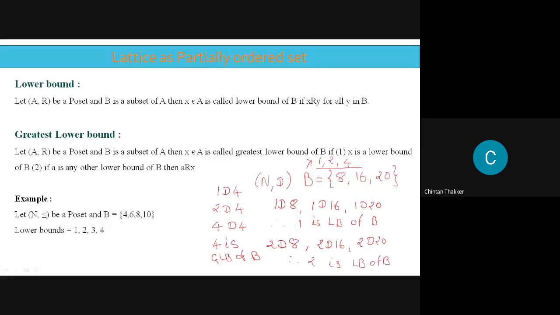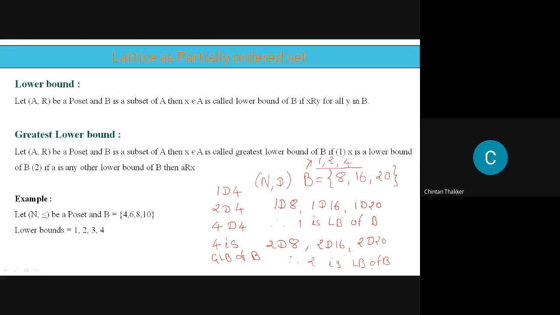Now which one is the GLB, the greatest lower bound? Greatest lower bound means all the remaining lower bounds are related to that lower bound. So here 1 is less than 4, 2 is less than 4, 3 is less than 4, and 4 itself is less than or equal to 4.